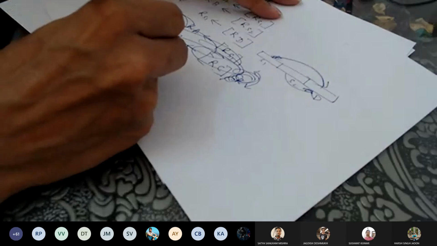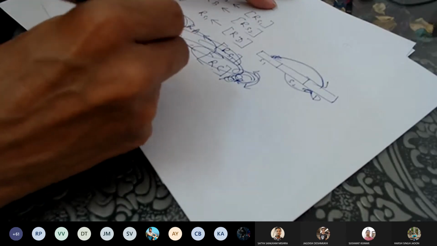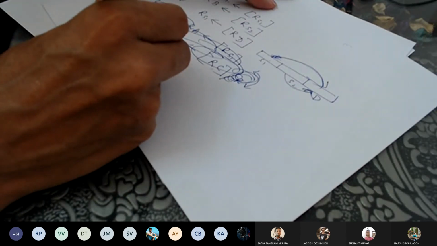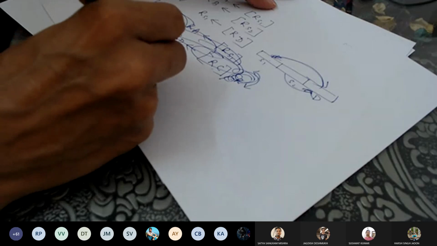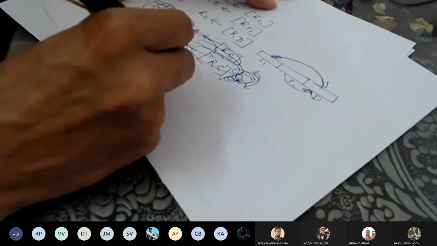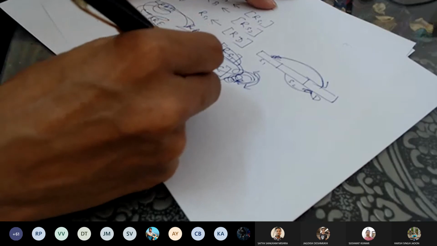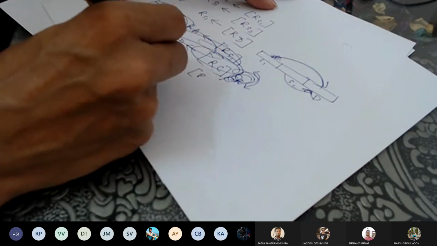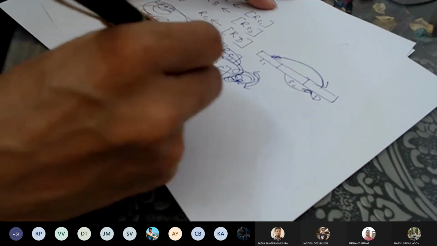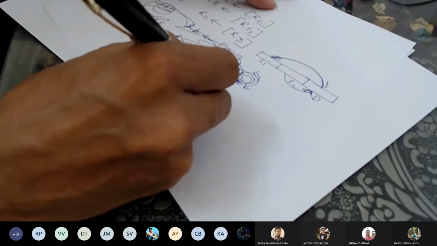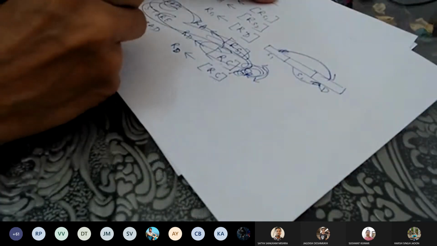You will get R, this will be RS, RD equals to RC. This is load.